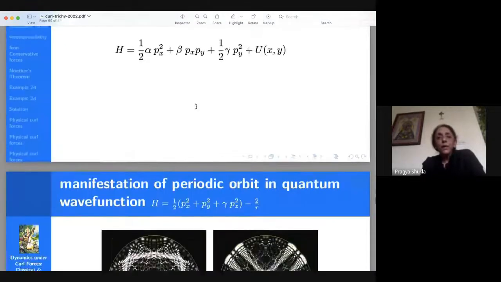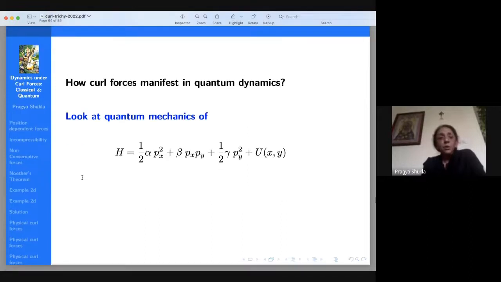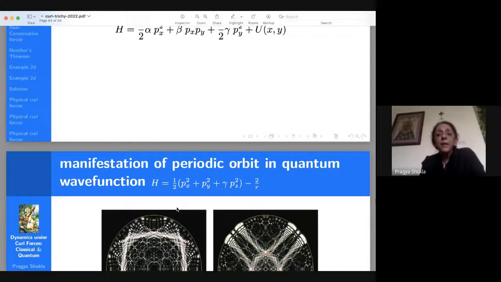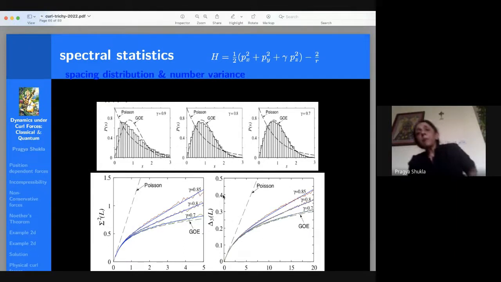The question you would like to ask at this stage is how curl force manifests in quantum dynamics. This question, without knowing that they were talking about curl forces, has been addressed in the context of the anisotropic Kepler Hamiltonian. People had studied its spectral statistics and found that, at the time when everybody was seeing GOE or GUE in chaotic systems, the Kepler Hamiltonian statistics turned out to be not GOE or GUE, but rather between Poisson and GOE.